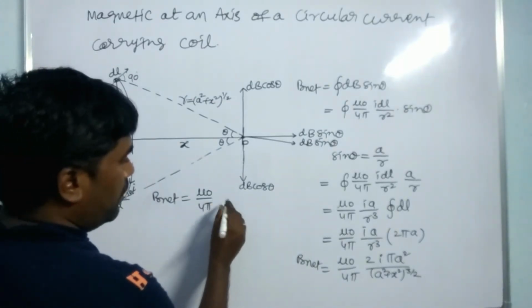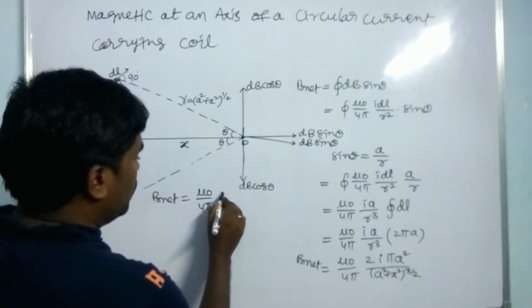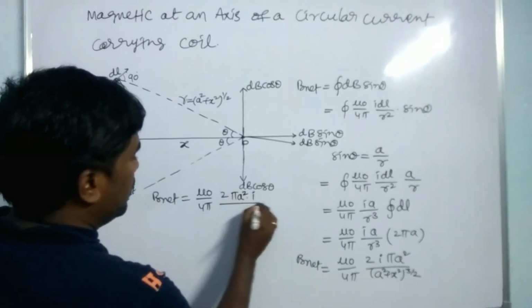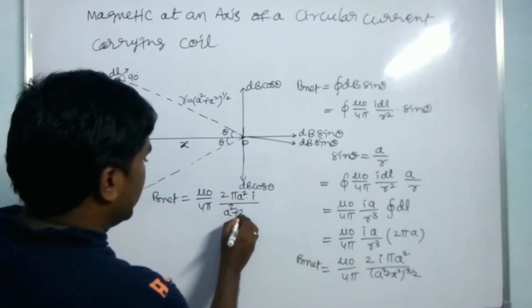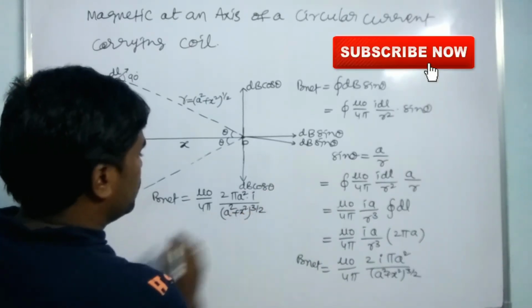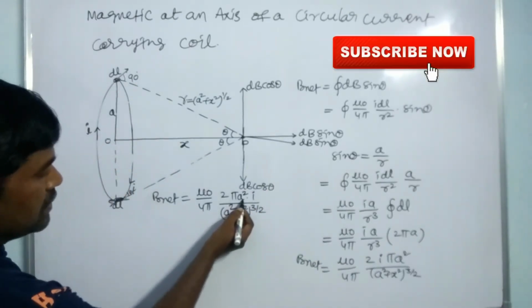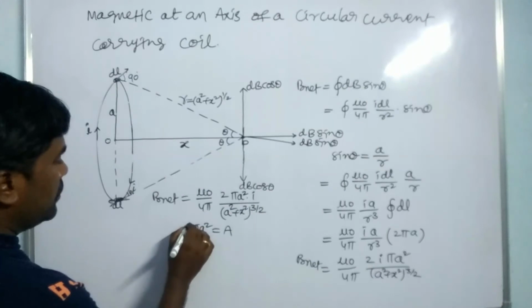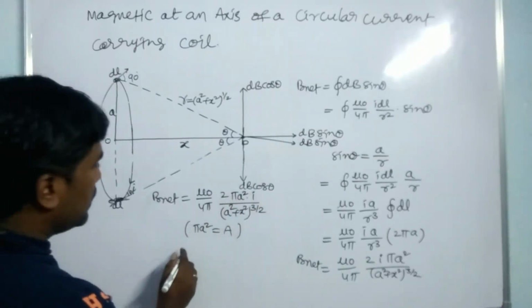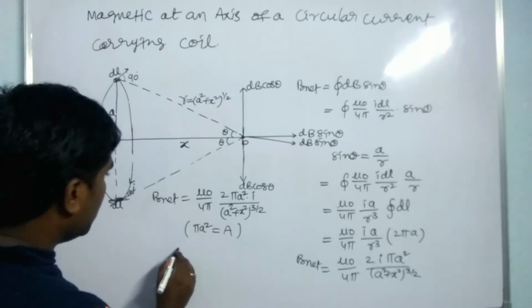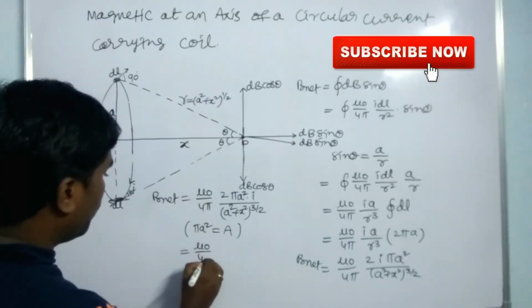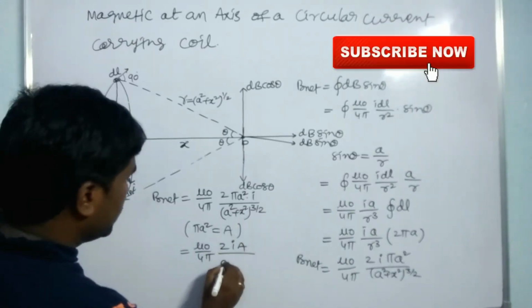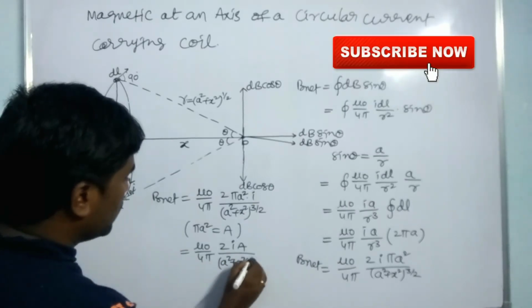That is 2 pi a square into I by a square plus x square whole power 3 by 2. Where pi into radius square, so pi a square is equal to the area of the circle. So it is equal to mu naught upon 4 pi 2 into I A by a square plus x square whole power 3 by 2.